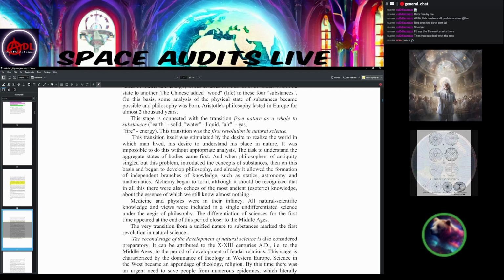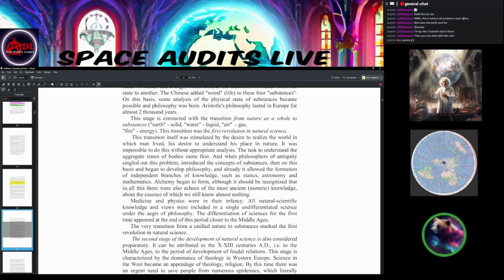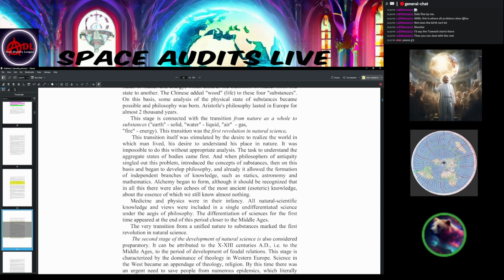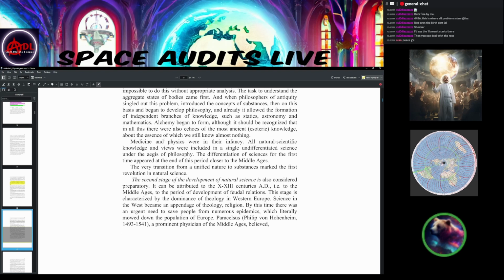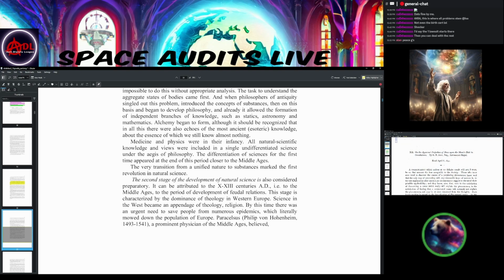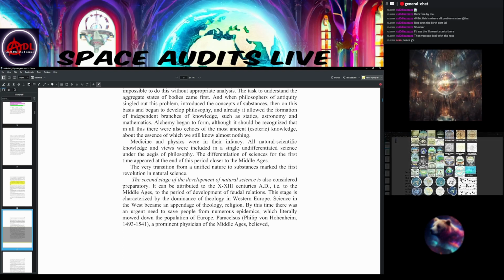Alchemy began to form, although it should be recognized that in all this there were also echoes of the most ancient esoteric knowledge, about the essence of which we still know almost nothing. Medicine and physics were still in their infancy. All natural scientific knowledge and views were included in a single undifferentiated science under the aegis of philosophy.